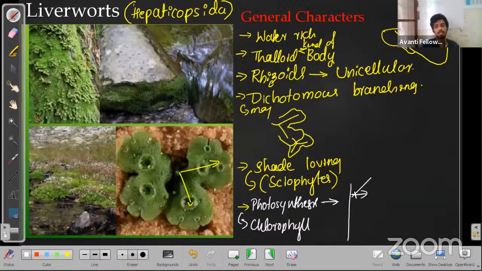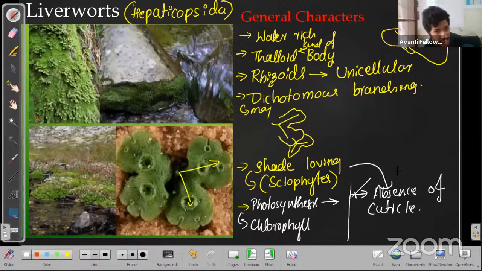Yes, due to the absence of cuticle, that's why it is normally shade loving. May it affect photosynthesis? It could do more photosynthesis in higher sunlight, but the issue is it can't survive there because the water will evaporate from its body.